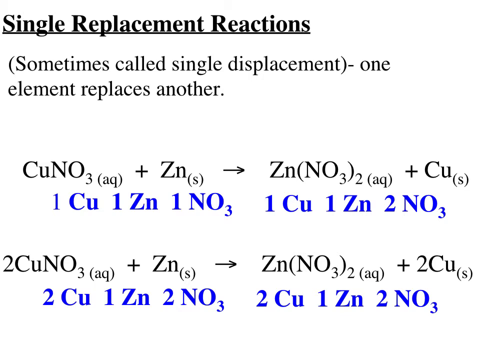So instead I put a coefficient in front, and I have two copper nitrates in the reaction. Now what that does, of course, is it doesn't affect the amount of zinc, but it does affect the amount of copper, so I will need to balance the coppers not by making it a diatomic on the right, but by putting a coefficient of 2 in front of the copper on the right-hand side, so that I have balanced elements on both sides of the equation at the bottom.